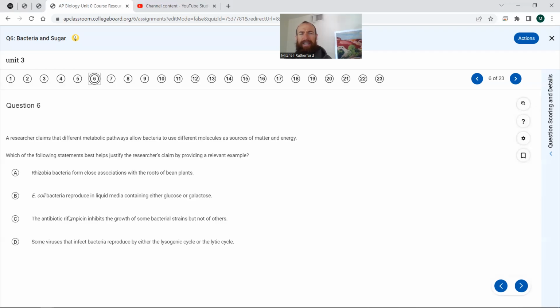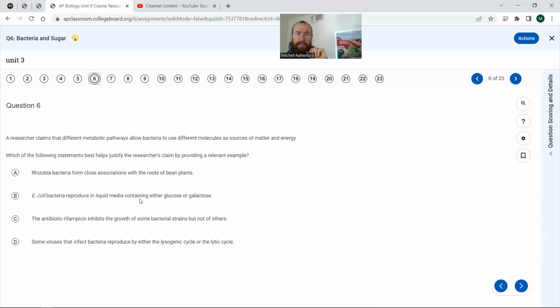Let's go back to C. The antibiotic inhibits the growth of some bacterial strains, but not others. That is a comparison. We are talking about two different bacteria. Inhibiting growth, you are kind of like, well, that doesn't talk about matter and energy, but energy is required for growth. And C is comparing different bacterial strains. Okay.